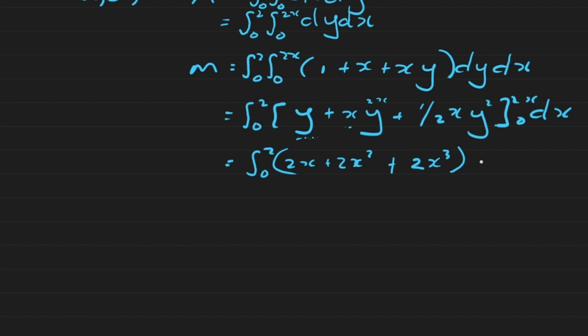And now we simply just integrate this with respect to dx, and that's a fairly simple matter to do at this stage. All we're left with is x squared plus 2 over 3 x cubed plus 1 over 2 x to the power 4.